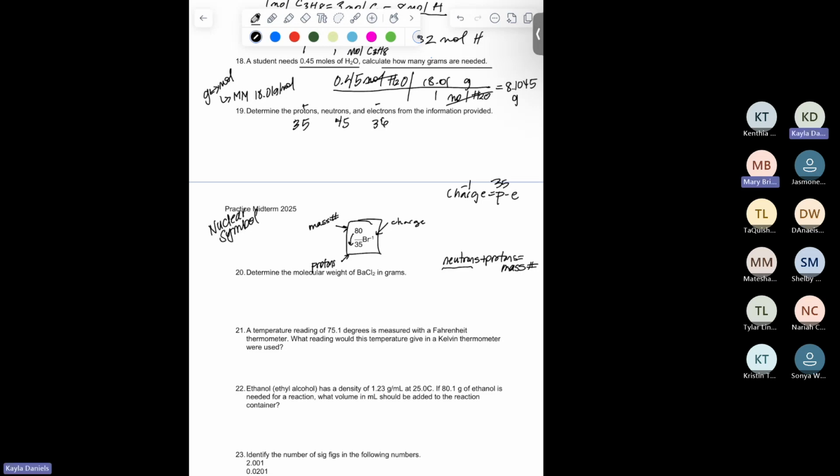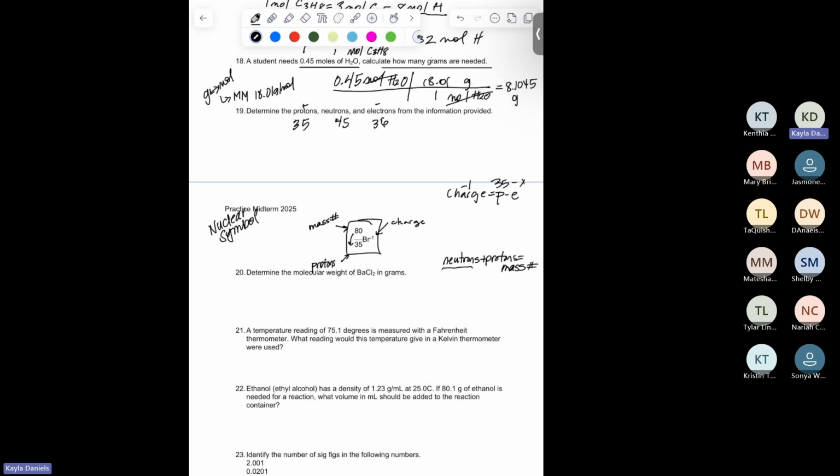I'm sorry, you lost me. Can you say that again? It's the part where the charge equals P minus E. Okay, yep. So charge equals P minus E. It has a -1 charge, so -1 equals 35 minus E, and this is like saying x algebraically.